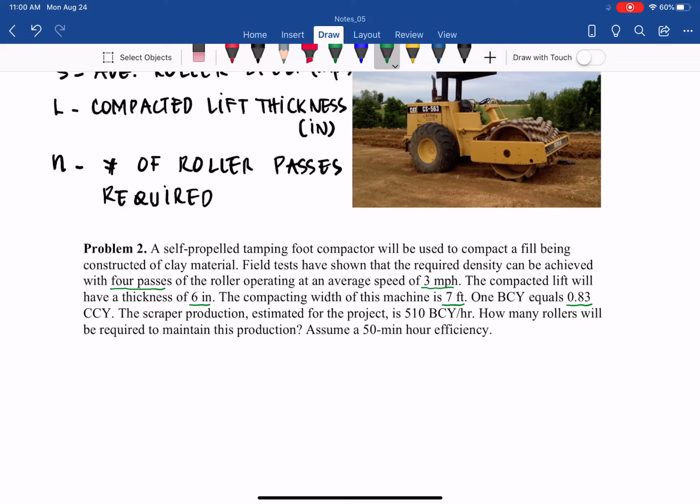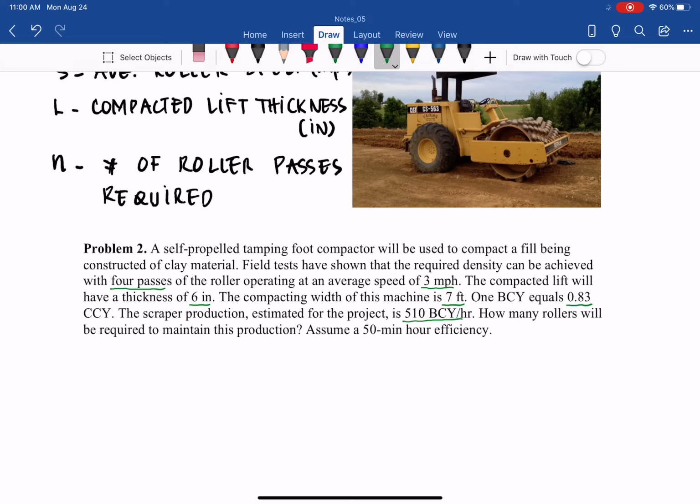Scraper production is estimated for the project, because the scraper is the first to excavate and put the material on, and the roller compacts the material. So the production rate for the scrapers that we discussed in lesson 4 is 510 BCY per hour.